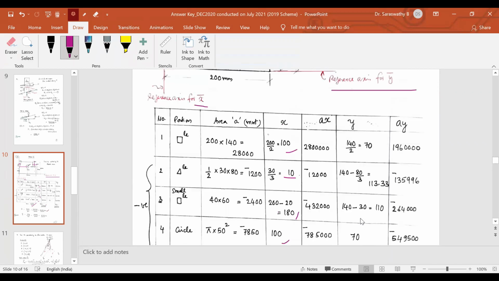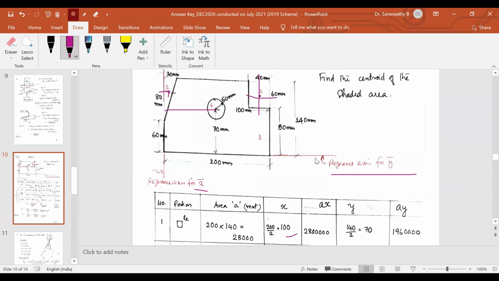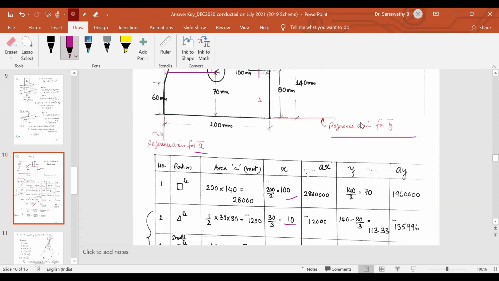Now coming to y bar, this is the reference. The areas we have already computed. Y is the distance to the center of gravity of each section with reference to this line. The first one is a rectangle, 200 by 140. Its center of gravity is located at the center, 140 by 2.